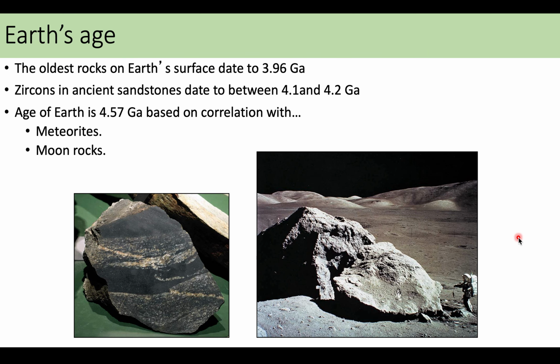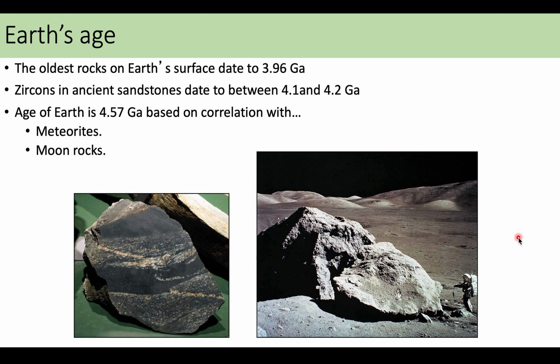Rocks on Earth were found to be about 3.96 billion years old. We've actually found the mineral called zircons in ancient sandstones that were found in Australia, and those are dated to be between 4.1 and 4.2 billion years old. So this is the oldest rock and then mineral fragments that we have determined on the surface of the Earth, so far, anyway.